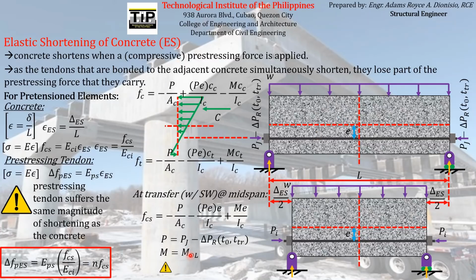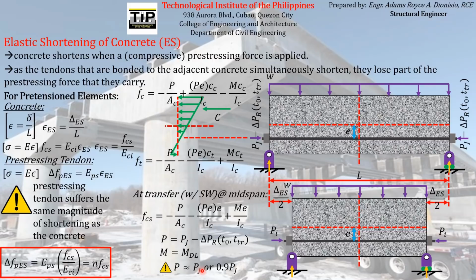Although you just have to take note that the P that you have to use for the computation of the stress acting on the concrete at the level of the pre-stressing reinforcement can be approximated as equal to the jacking force.